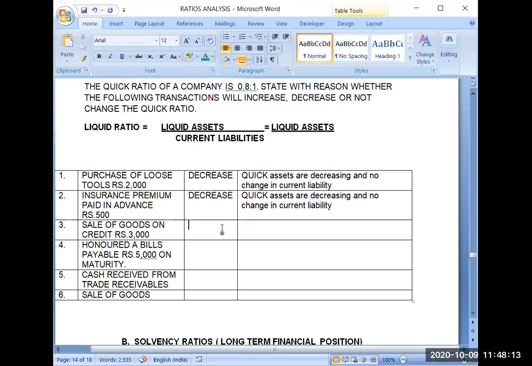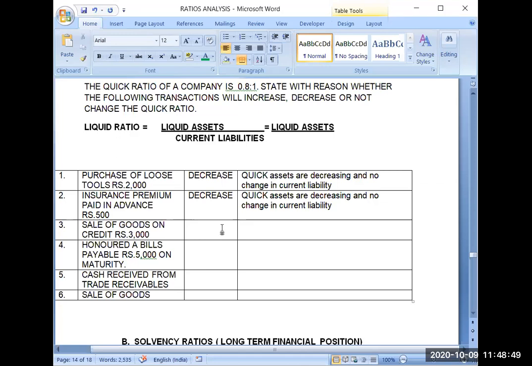Then third is sale of goods on credit, rupees 3000. Now you are selling goods on credit. So journal entry will be debtors account debit to sales account. Now debtors are part of your liquid assets, because from current assets you are deleting only prepaid expenses, inventories, and advance tax. So debtor is also a current asset, and that will remain in the formula of liquid asset also.